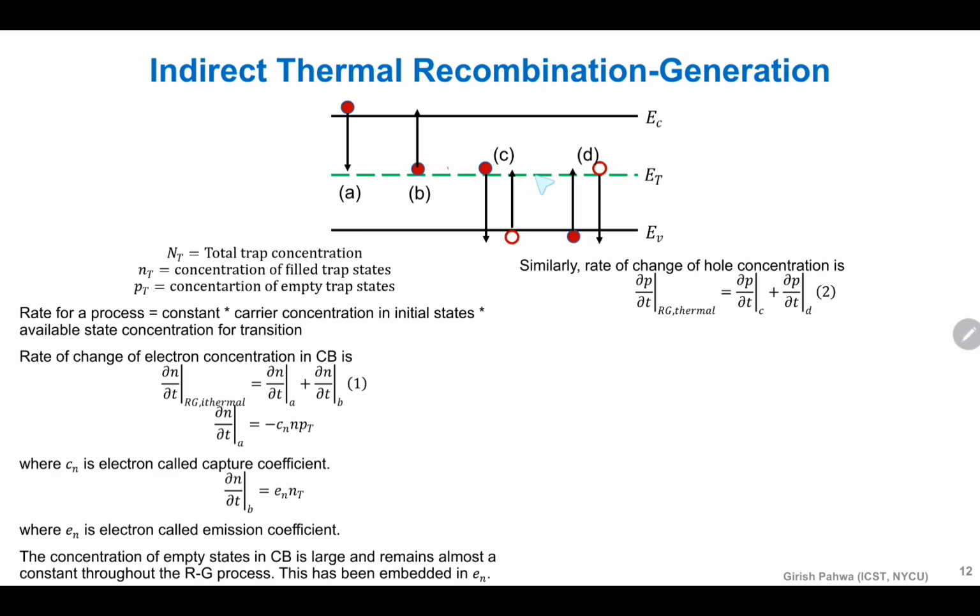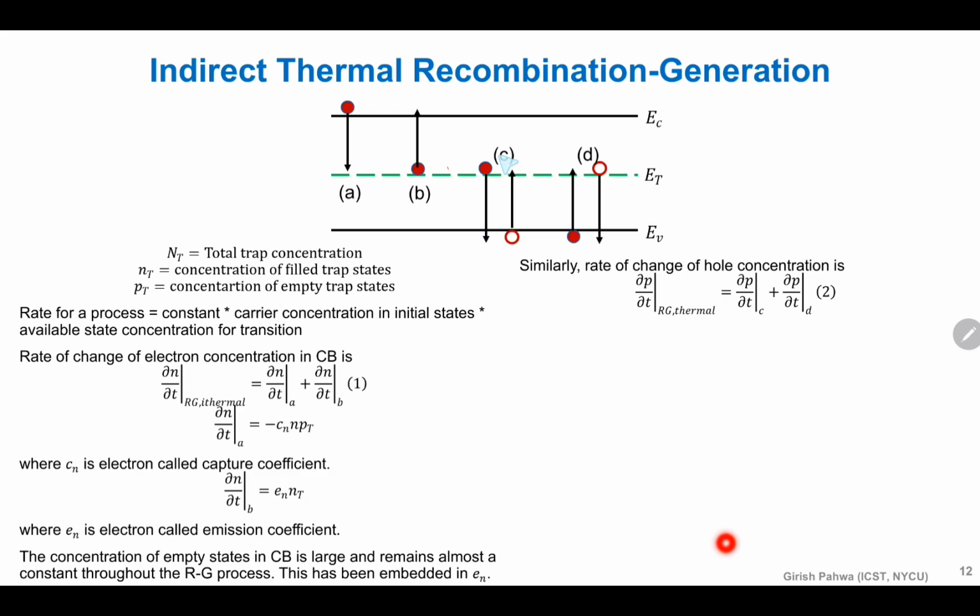If there is an electron here, that is going to attract this hole. So the hole goes to a filled state. You can think in terms of electrons as well. There is this electron concentration here and this empty state concentration here. The empty state concentration is the hole concentration and the electron concentration is the filled state concentration.